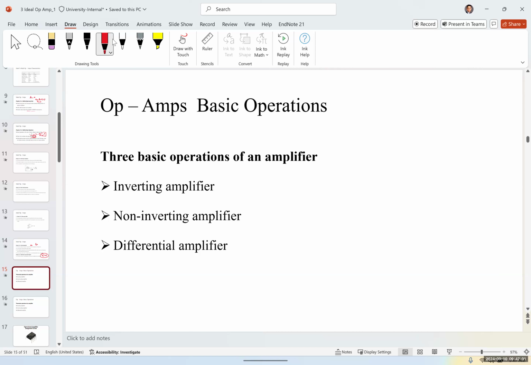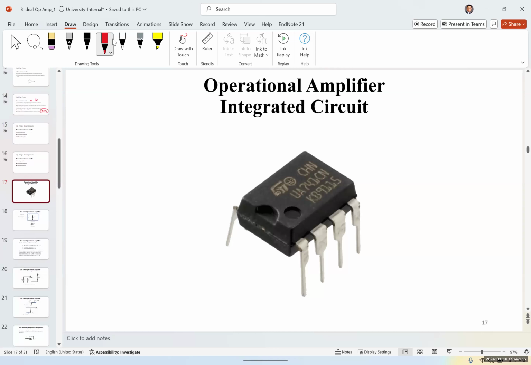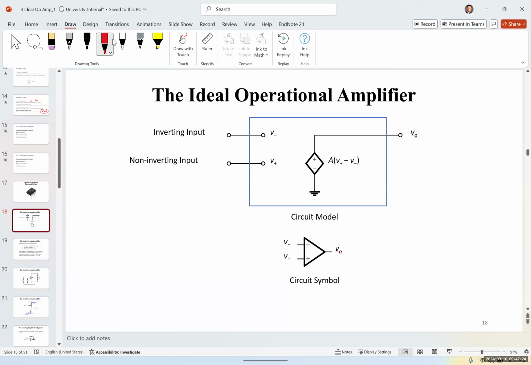So we have 3 basic operations of an op-amp using the properties that we learned. We have the inverting amplifier, non-inverting amplifier, and differential amplifier. So let's dive a little bit into operational amplifier circuits. And we're going to start with what we call an inverting amplifier.